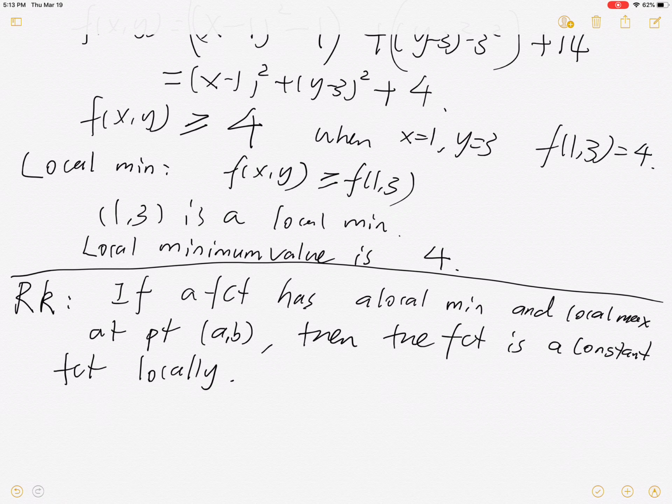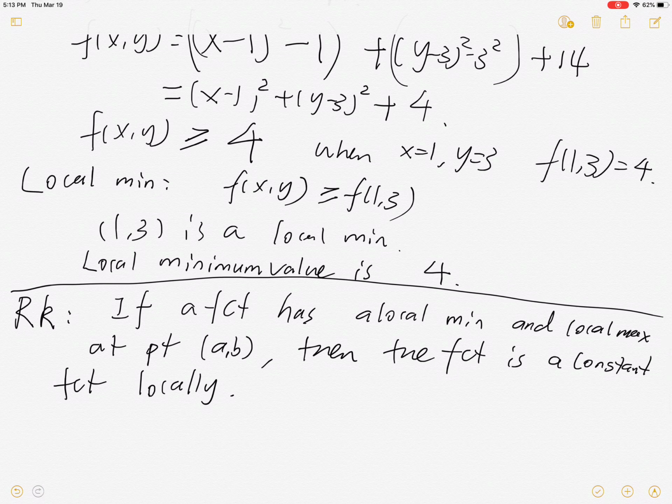Therefore, in the above example, I didn't really check the definition of local maximum because I know it's not a constant function. Then if it's a local minimum, you cannot have it as a local maximum.